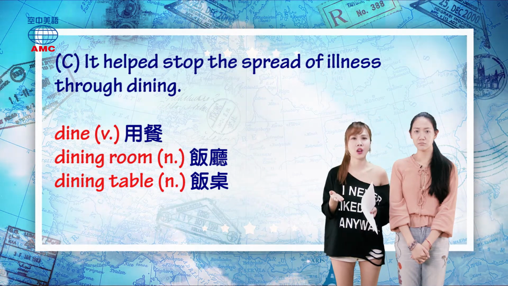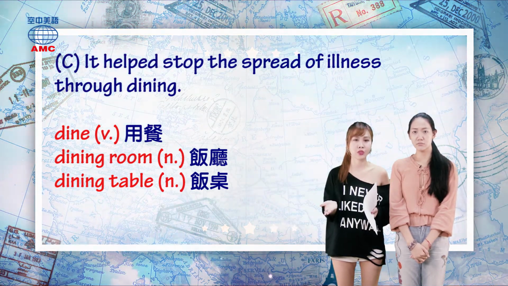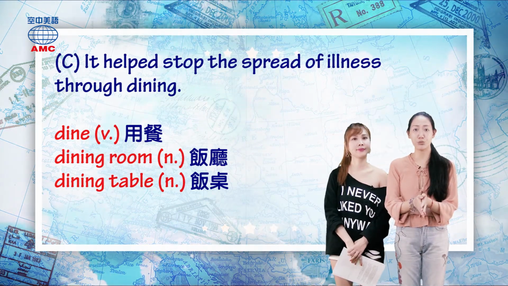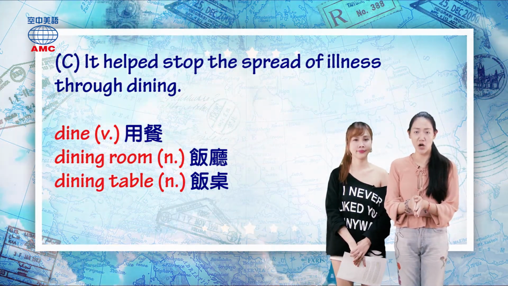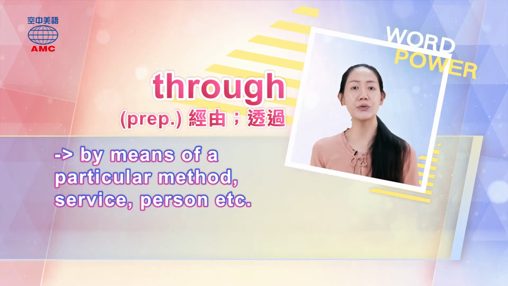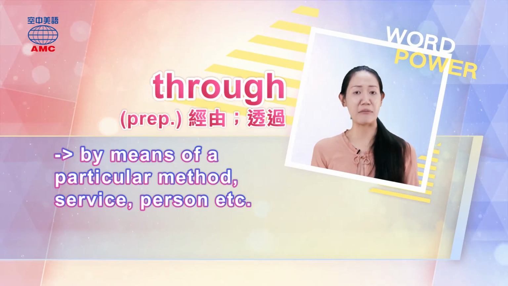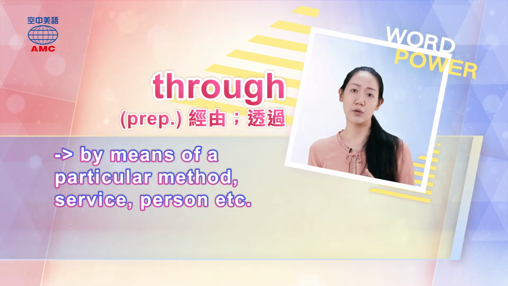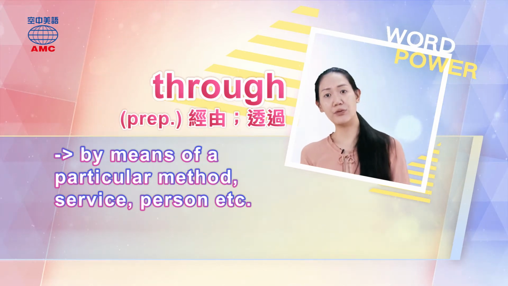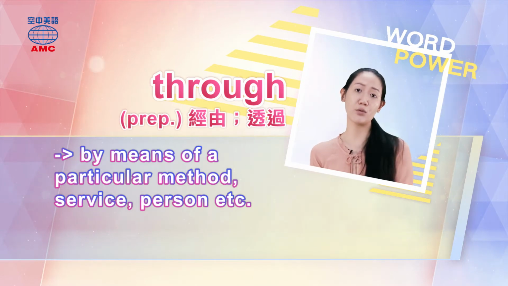Okay, I think we saw this word through, which is a power word. Let's explain this a little bit first. All right, so we have through, T-H-R-O-U-G-H, through. Through means by means of a method or service or a person. So we say we do this through this way. We do something through a certain way.